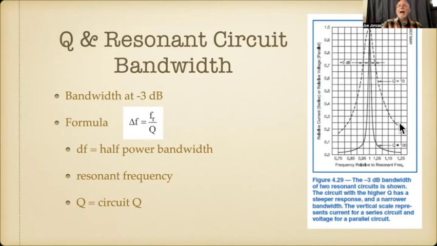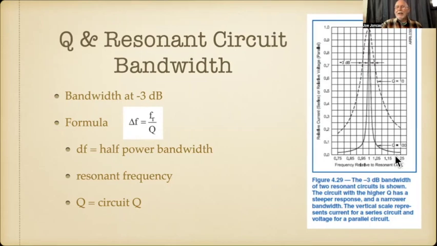Remember when I had a resistor and capacitor in parallel, and as I went from low frequency to high frequency, it went up and then it came down again. Here is a fairly low Q, and notice how wide it is here at the -3 dB point. Here's a Q of 100. See how sharp that is? So if you have a high Q, your resonance has a much narrower bandpass.